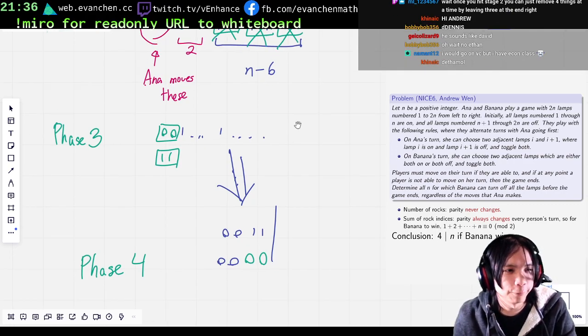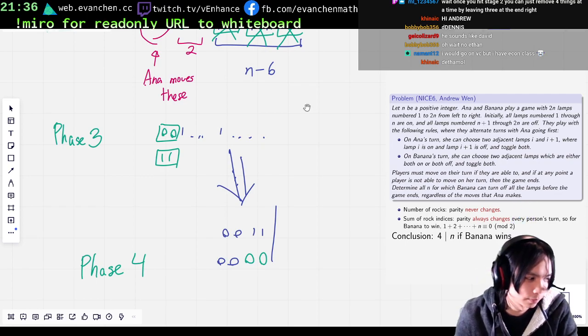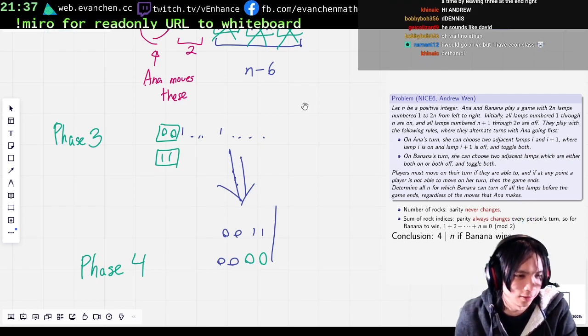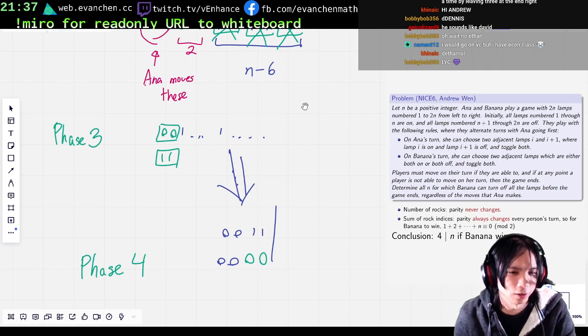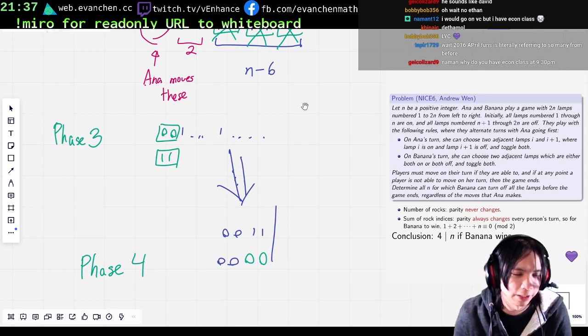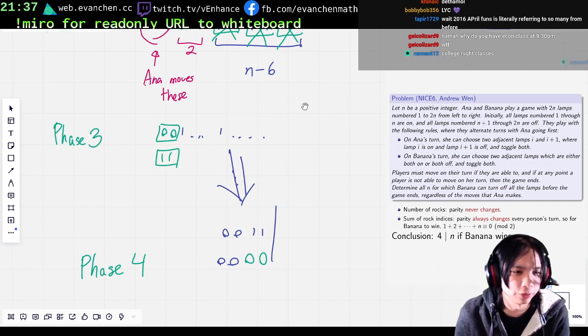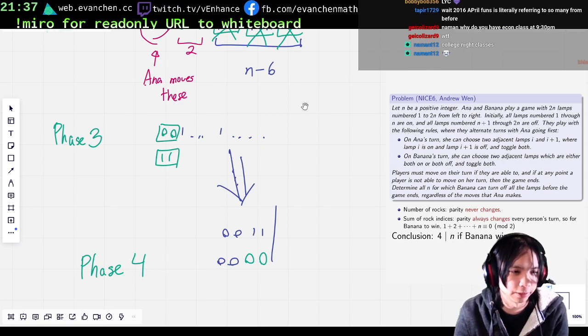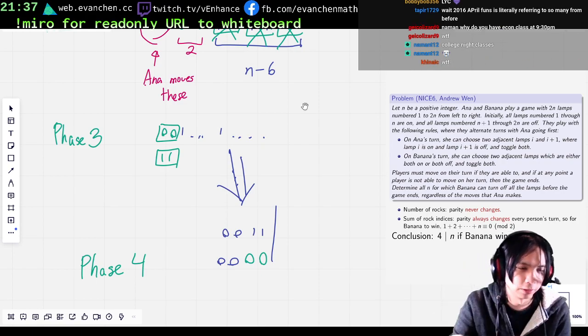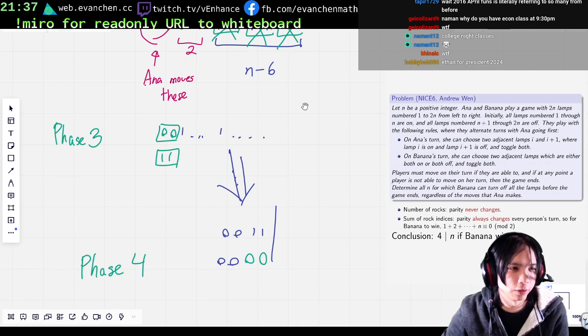I think if Banana picks any algorithm that is not self-destructing, as long as Banana always makes a move that doesn't immediately end the game, I think Banana wins. Basically, no matter what, for parity reasons. Either that or the game goes forever. It could be the game goes on forever because Banana just goes in a loop. But I think it's hard for Banana to lose other than by self-destructing.